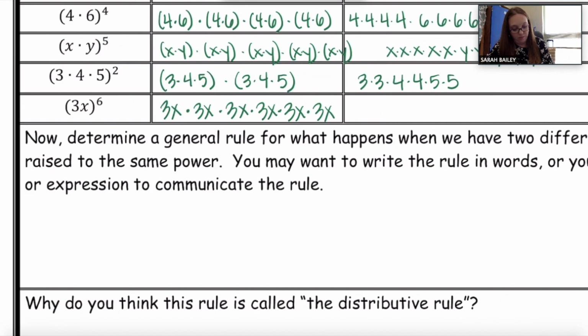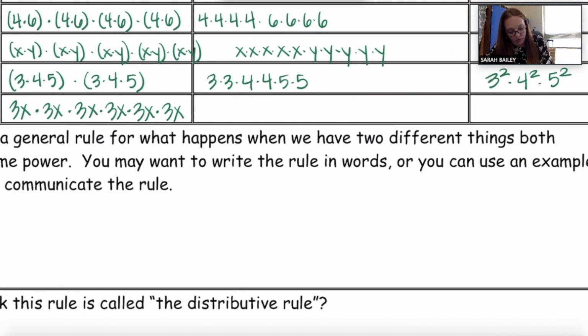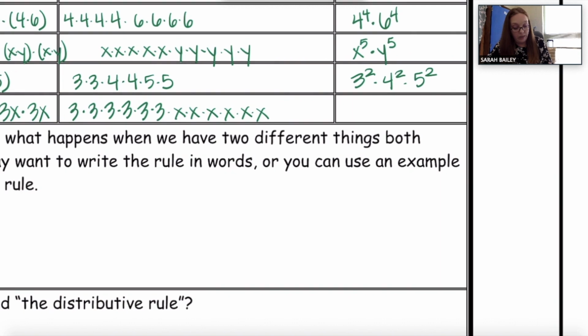So I'm going to do that now. 1, 2, 3, 4, 5, 6. Okay, so I've got 6 3's, so that's 3 to the 6th, and 6 x's, so x to the 6th.